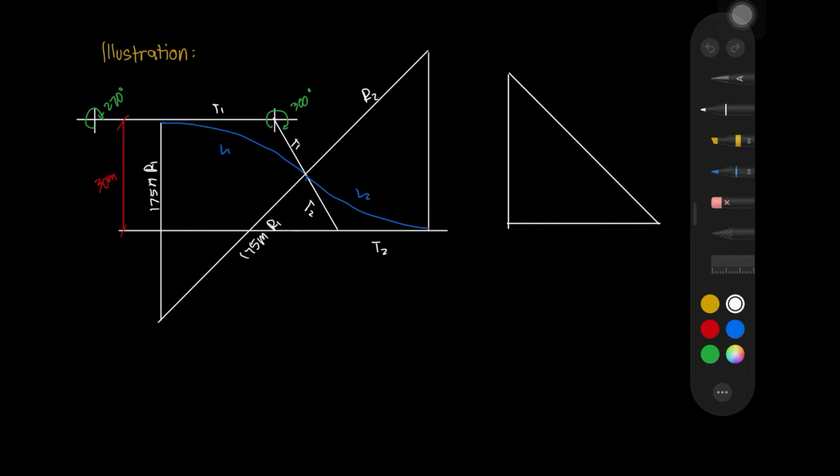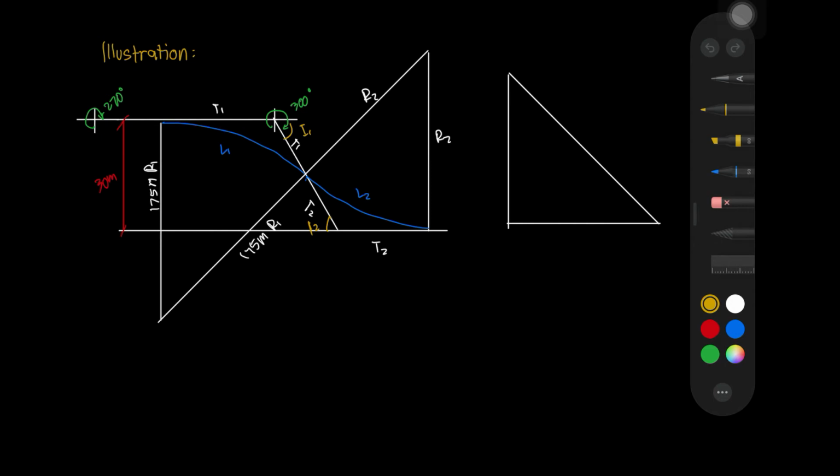So let's not forget our central angle, I1. This is I1 and this is I2. From the illustration, we can see that our I1 and our I2 are opposite angles.